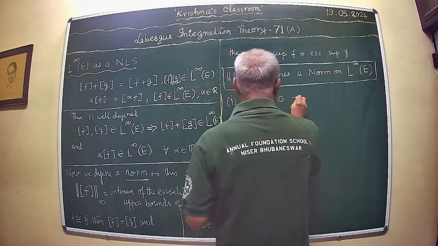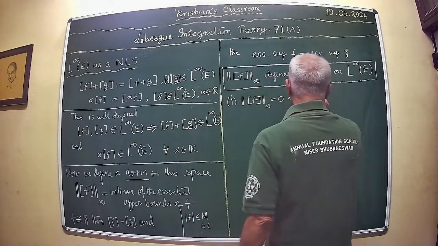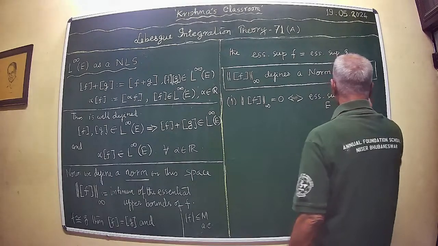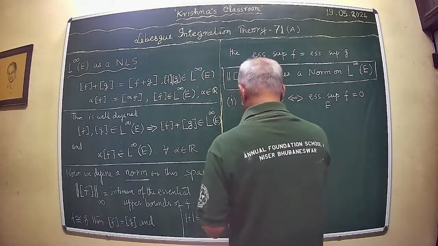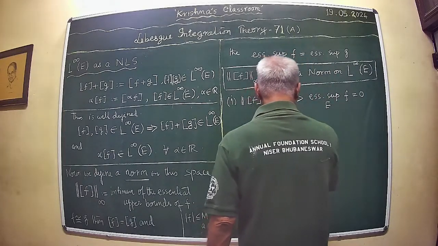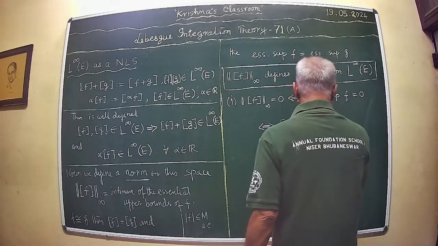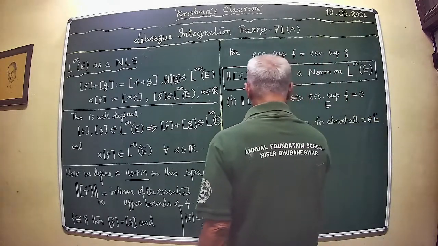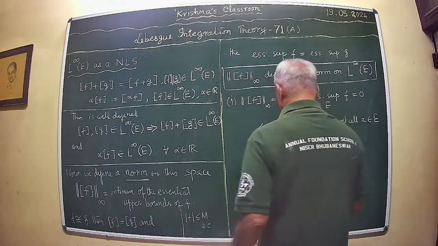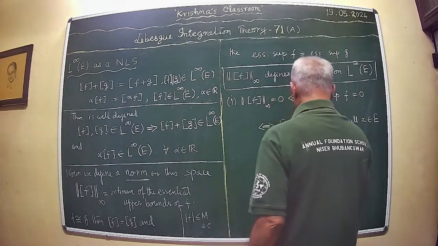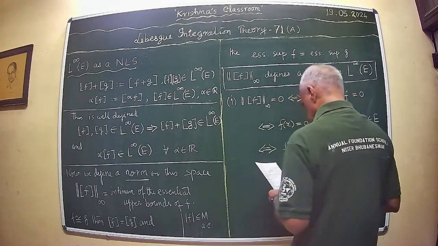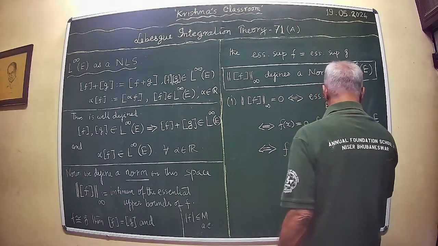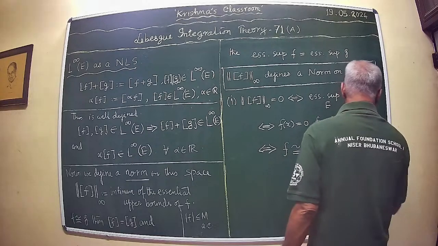This is equal to 0, which happens if and only if the essential supremum over E of F is equal to 0, which is if and only if F of x equals 0 for almost all x belonging to E. That is if and only if this is the 0 element, or the 0 function.